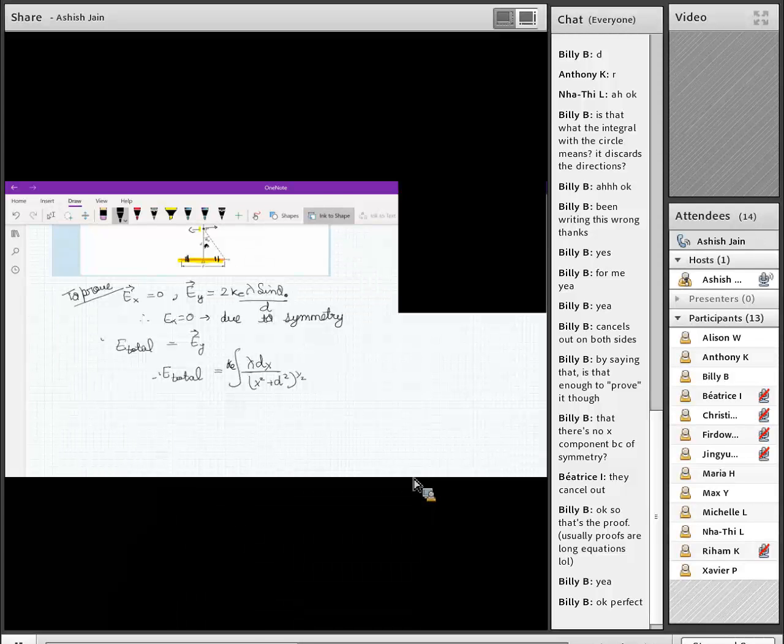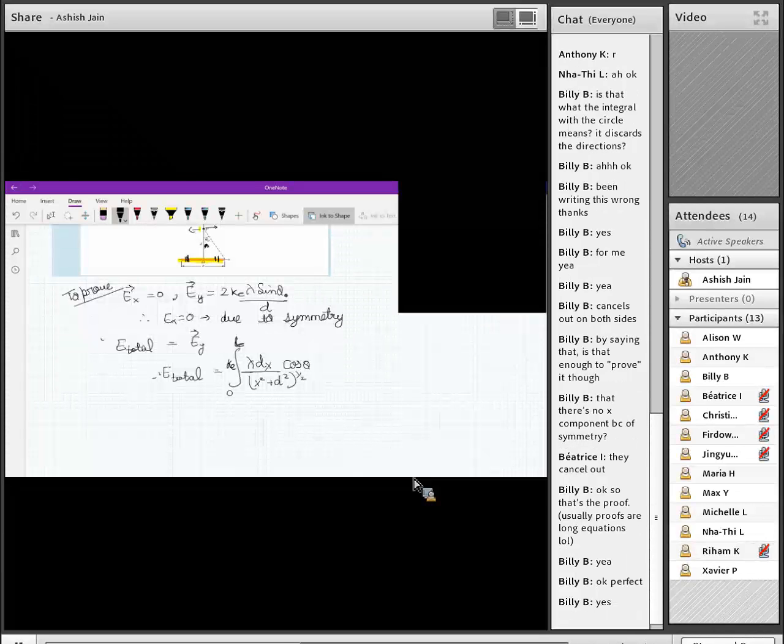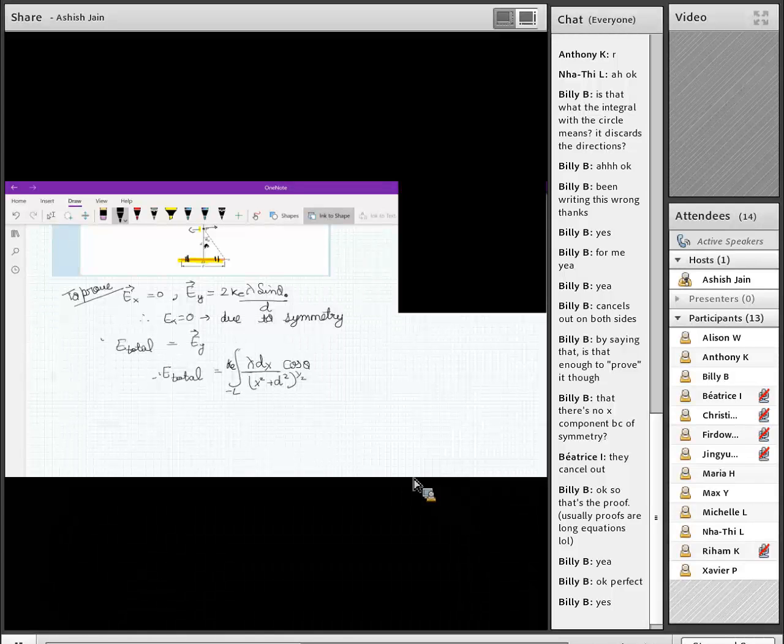What I wrote as dEx, and there is a cos theta component. You agree with this? All of us? Or I'll write it like this. That's better, according to the question.